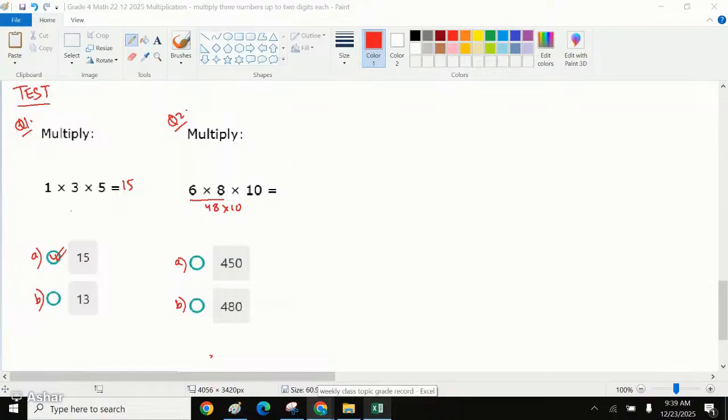In question number 2, what should be the option? 48 multiplied by 10. Would it be 450 or would it be 480? Yes, it would be 480.